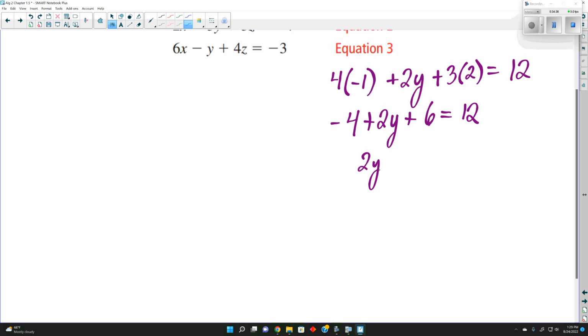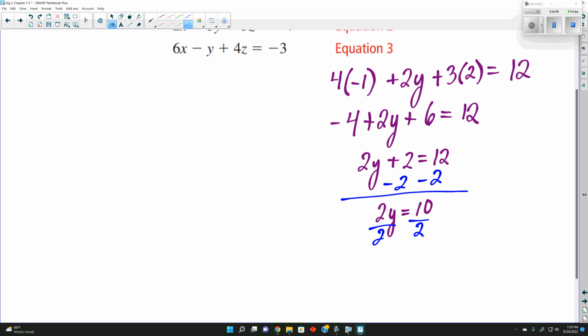We can do -4 plus 6, yes? Or 6 minus 4. Two y is equal to. Divide both sides by 2.